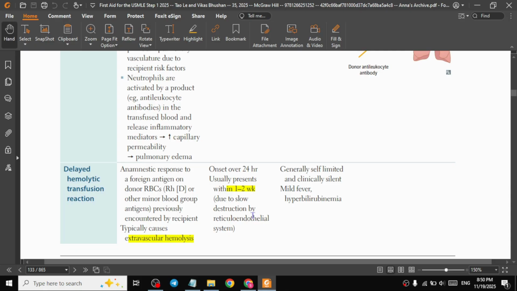So it's slow. It's going to take 1 to 2 weeks, maybe some months. What you're going to end up seeing is destruction of the RBCs within the spleen and liver. They're going to be marked, then travel to the spleen and liver and be destroyed.